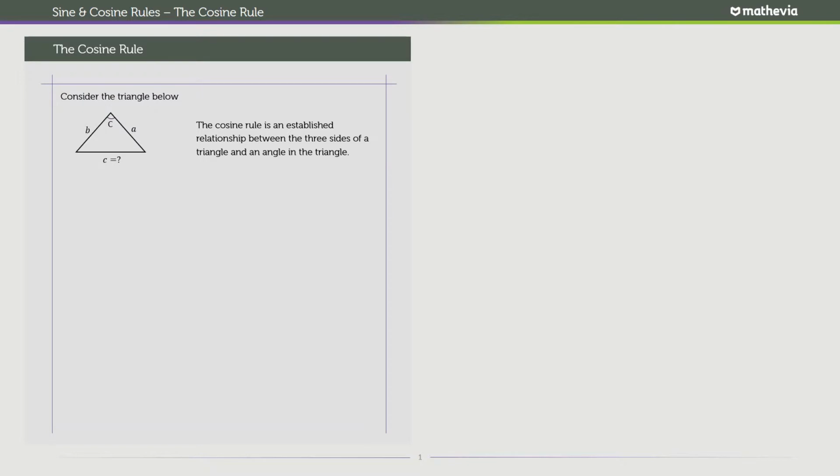So the cosine rule is an established relationship between three sides of a triangle and an angle in the triangle. Okay, and that relationship is that if you have two bounding sides and an angle between them, and you're looking to find the final side, okay, you apply the cosine rule.